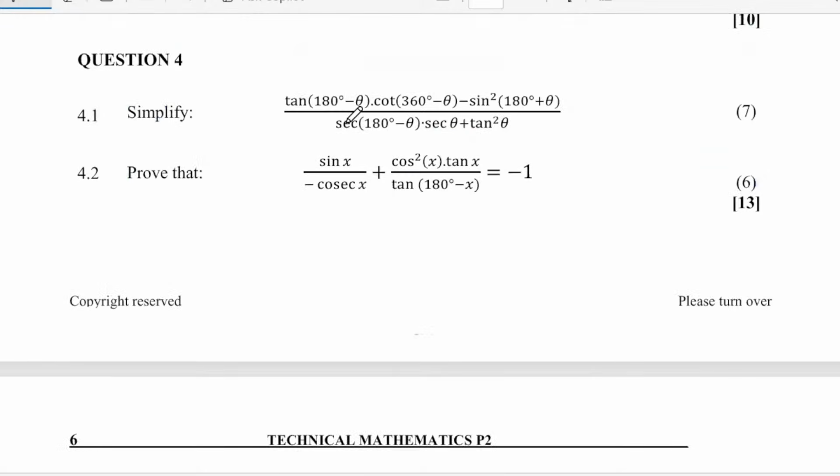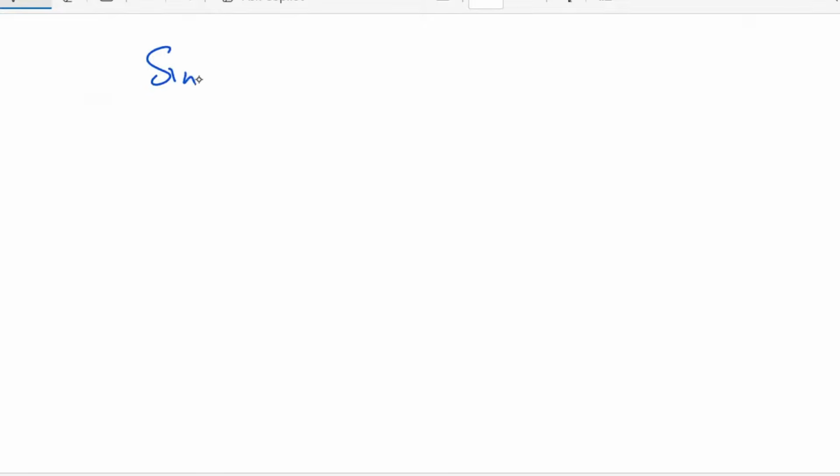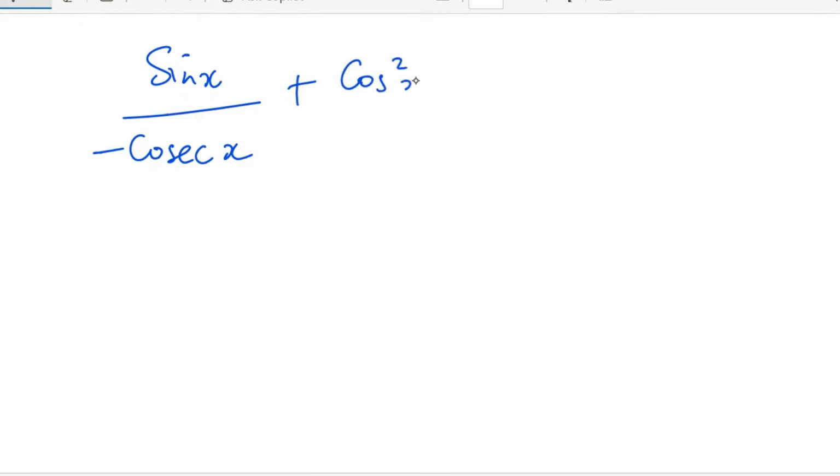Okay. Then can we prove that this is the same as negative 1? Let's see if we can do that. So we have sine x, we are dividing it by negative cosec x. We are adding cos squared x and then multiplying by the tan x, all over the tan of 180 plus x.